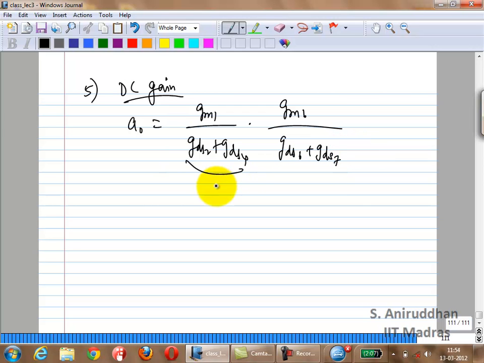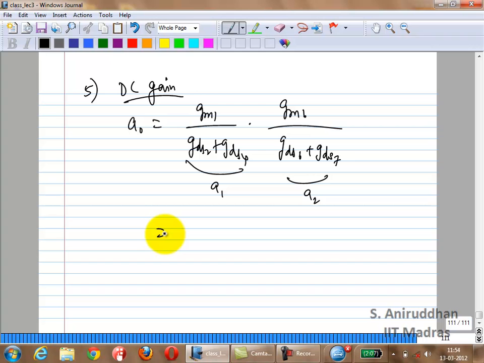So I'm going to call this A1 and A2. So now, do you know GM1? We do. Do you know GM6? We do. Right? Do you know GDS2, GDS4? We don't. But we can write it in terms of lambda.